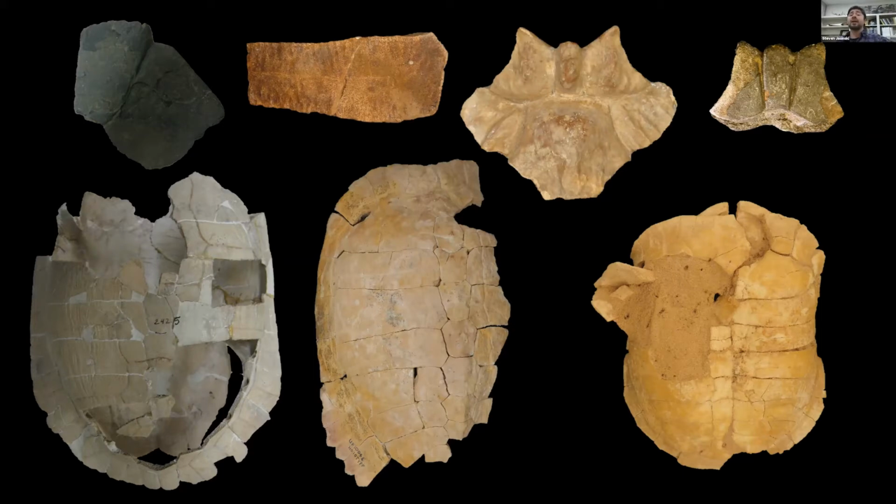When turtles fossilize, what we tend to see is that you only get either cranial material alone or you get shell material, and it seems to be because as a turtle dies and decays and goes through all the taphonomy that these fossils go through, oftentimes water flows through the shell and removes everything out of the shell.